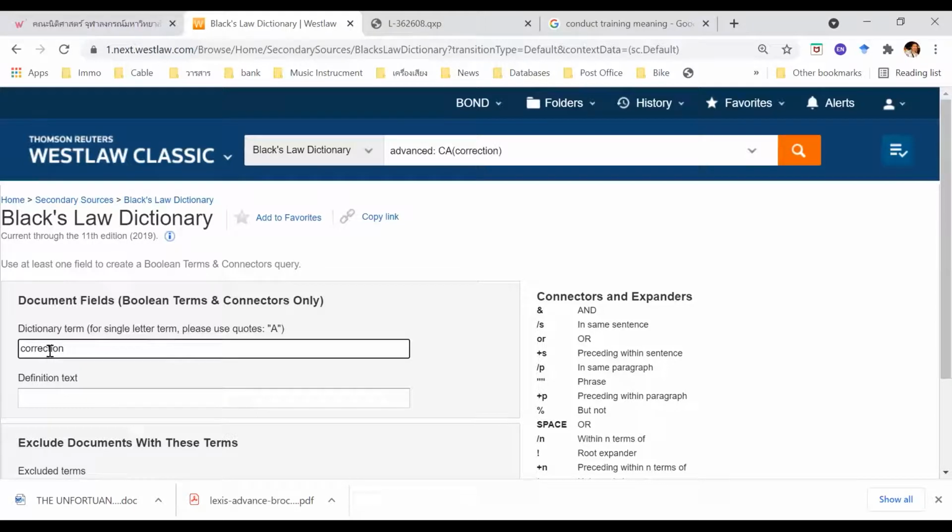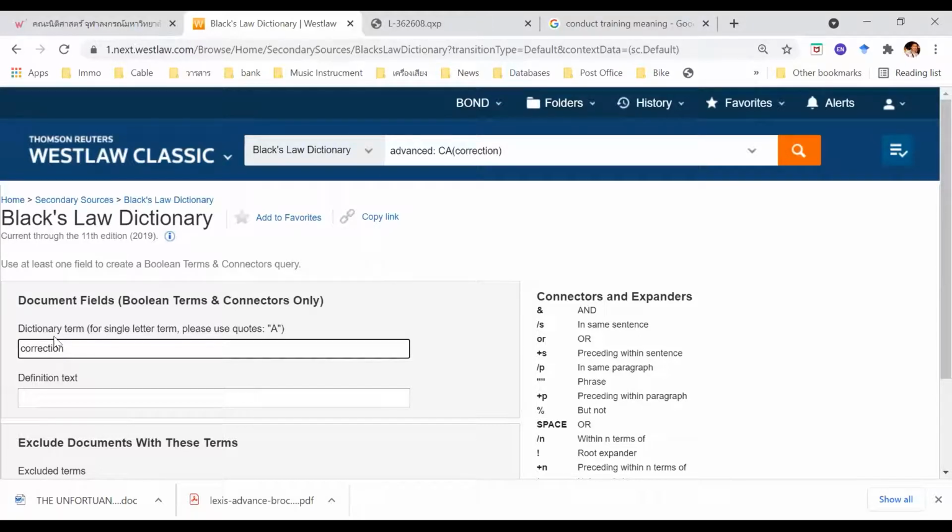For me, the meaning of collection is that you make something long and change it back to life. This is the collection. But the judge said otherwise, and I didn't understand the first time I heard this word, so I came back to Westlaw and searched for this definition.